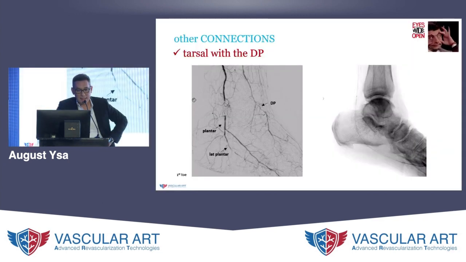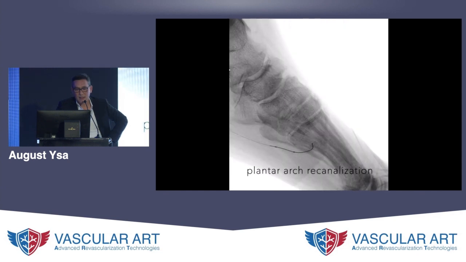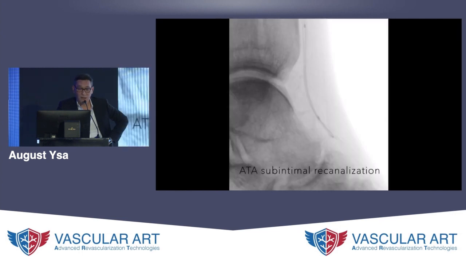And let me finish with this case in which we had an occlusion of the anterior tibial artery, a tiny tarsal artery distally, an occlusion of the common plantar, and a wound of the first toe. We recanalized the lateral plantar, but in the arch, we tried just to navigate through it up to the first toe, but as you can see, we failed, we perforated.